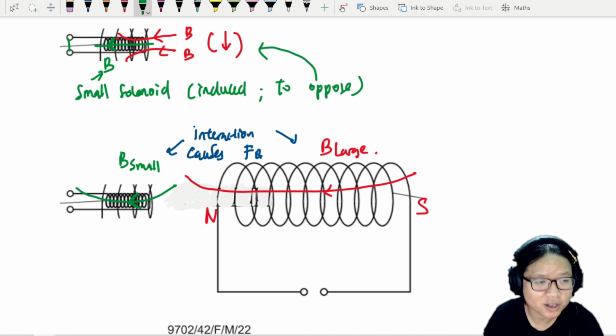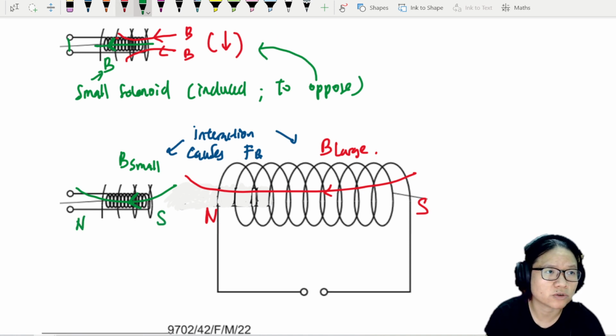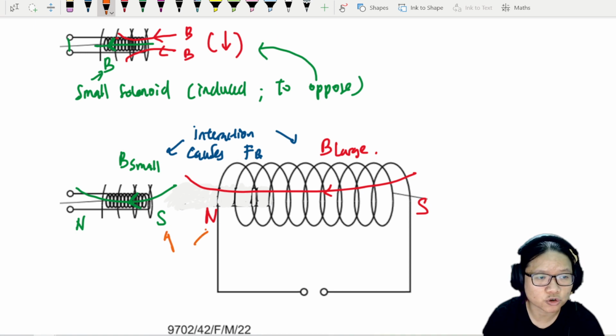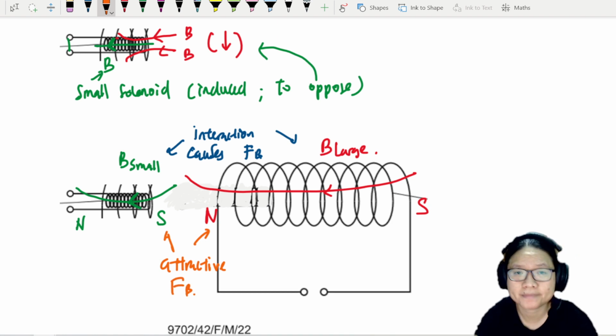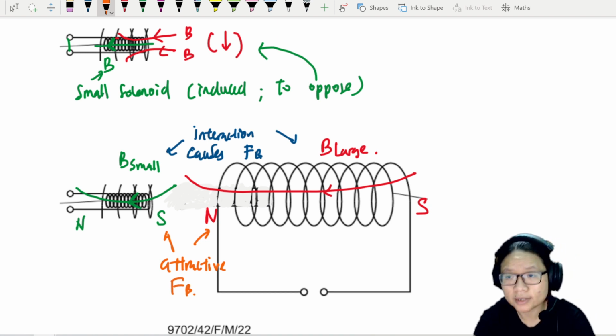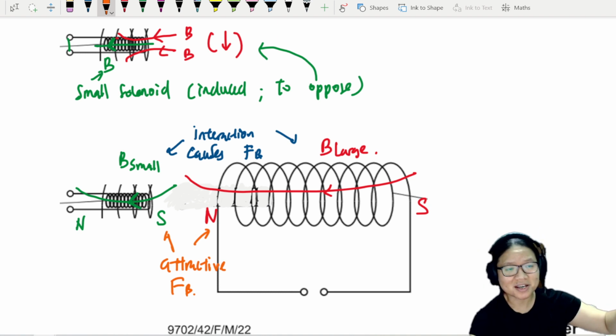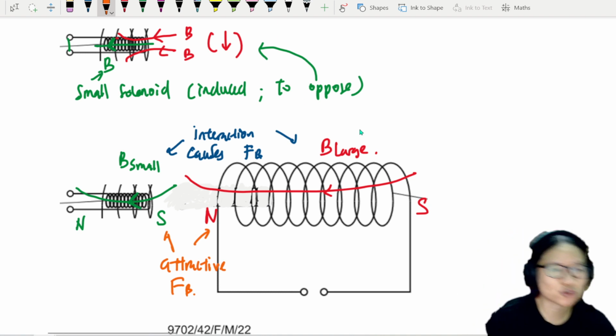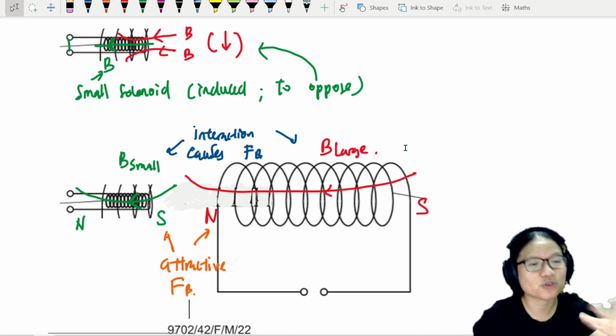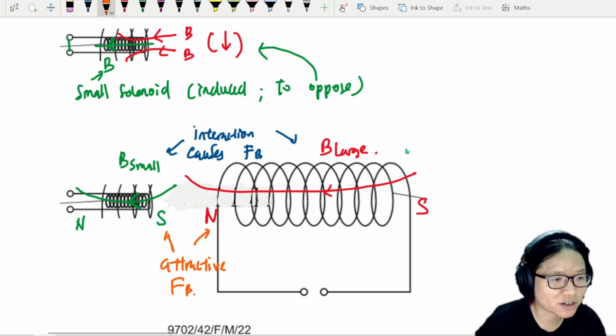Then this small coil inside here, here is south and then here is north. So can you not see that these two will attract? Attractive magnetic force. Okay, so it is totally not needed. You will understand that when I want to pull this coil away, the large coil is going to try to stop it by trying to attract this back, as well as an attractive force in this direction, FB.